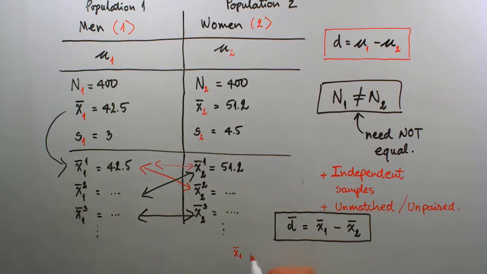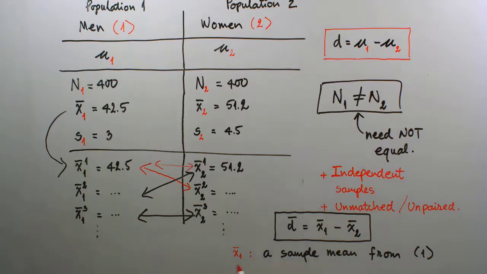It just means x bar 1 is a sample mean, any sample mean, from population 1, and allow me to use shorthand writing in parentheses 1. So x bar 1 just simply means we pick any sample mean from population 1. That's what x bar 1 is for.